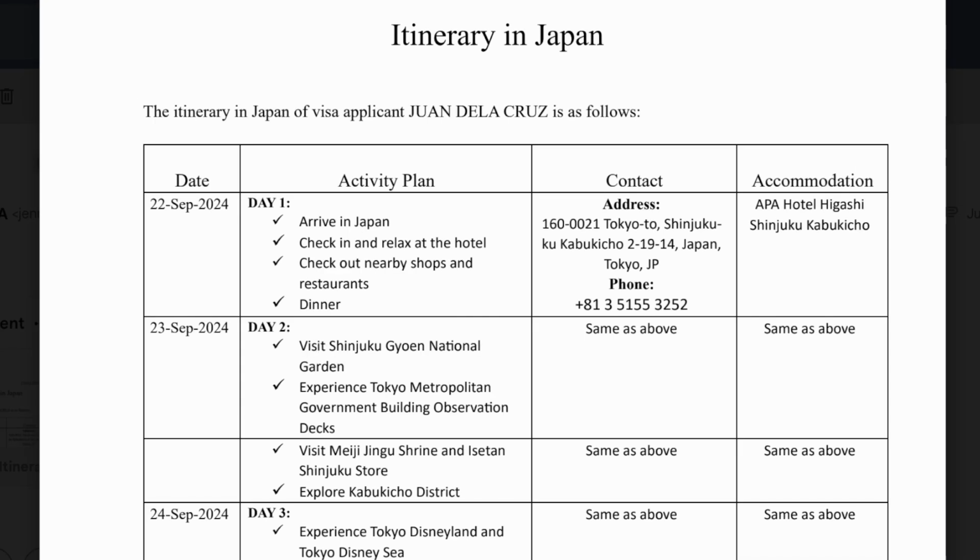For example, if you put here day 2, or let's move to day 3, if you put here, I want to experience Tokyo Disneyland and Universal Studios in just a day, that's irrelevant because these are two different locations. Tokyo Disneyland is in Tokyo, while Universal Studios is in Osaka. That would sound irrelevant to the visa officer when reviewing your application.